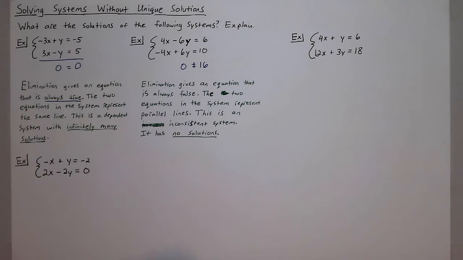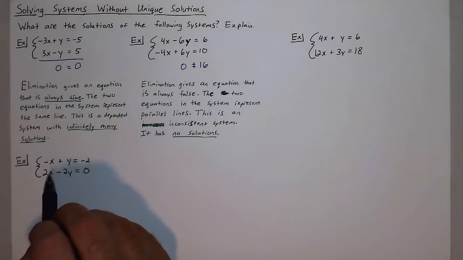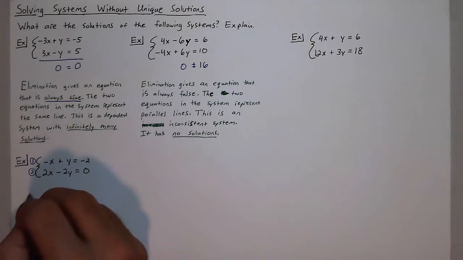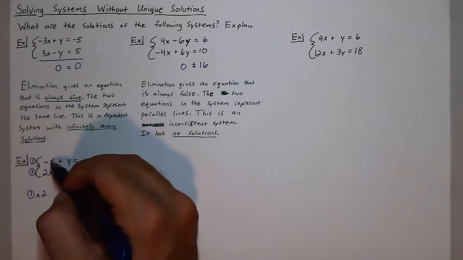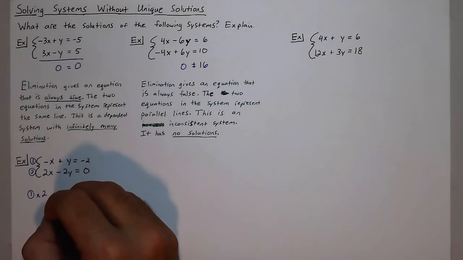But let's put this into practice. So again, what are the solutions of this system, and then explain what your solution means. So here I'm going to try to use elimination. I'm actually going to look at this first equation, and I'm going to multiply it by a positive 2, so I can get a negative 2x and a 2x, so the x's will cancel.